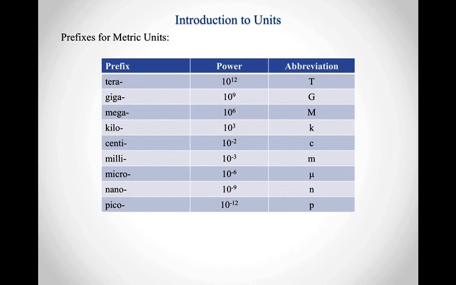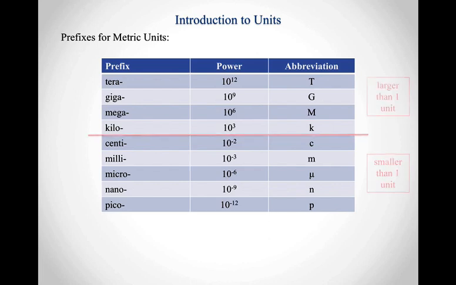We tend to focus on differences of 1,000 in going from one prefix to another. Obviously, around 1 there are a couple additional ones, centi being the one that we probably know best. That's 1/100th rather than 1/1000th.